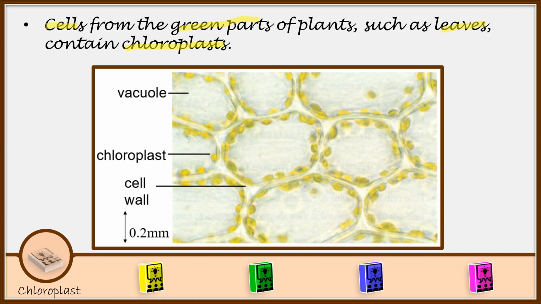So when you get different cells of different parts of the plants, the green parts on the plant, like the leaves, contain chloroplasts. And what is making them look green is the presence of chlorophyll.